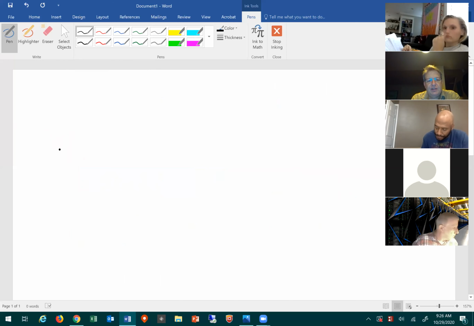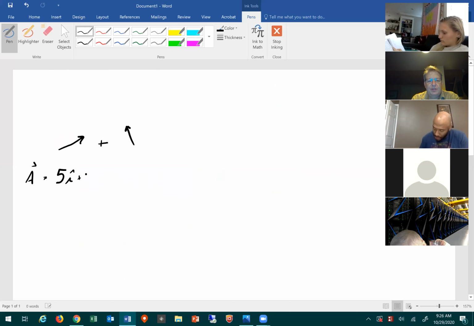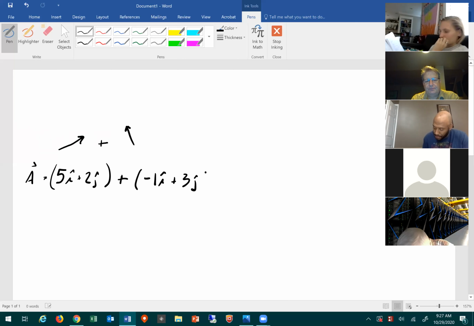Now, if I took this vector and I said I wanted to add it to this vector. So let's say A equals 5i plus 2j, and I usually put them in parentheses, plus, and then let's say that this one is, I don't know, negative 1i plus 3j.